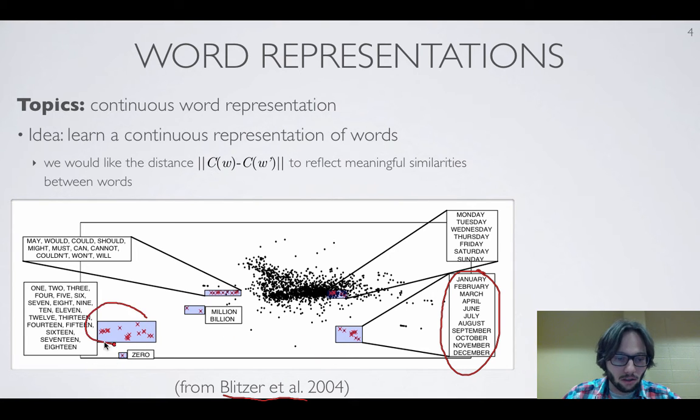Here it learned all the different numbers. Here it had million and billion. All the days of the week were all around the same position, again, in the 2D space. So that's what we're trying to achieve: finding a way of actually learning this vectorial space for the different words.